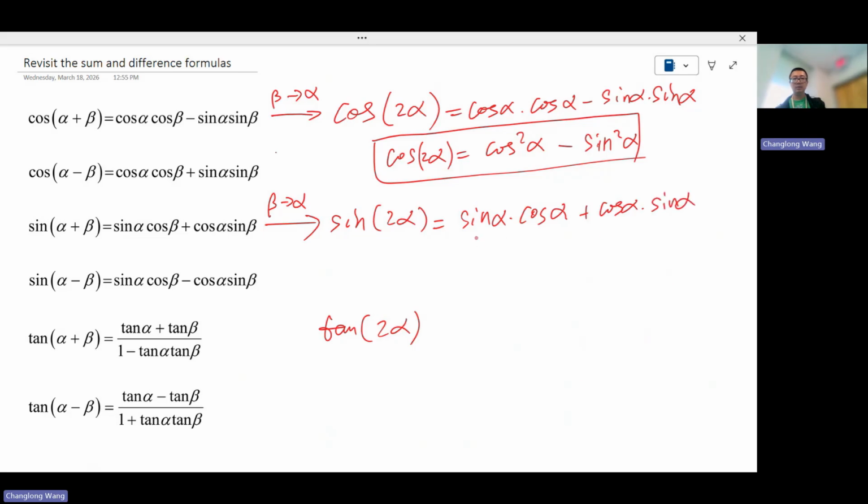But are those two terms identical to each other? The order is different, but it's multiplication, so it doesn't really make any difference. Therefore, you can simplify the right-hand side of this identity by writing it as 2 times sine alpha times cosine alpha.